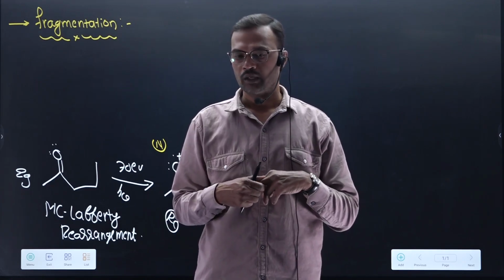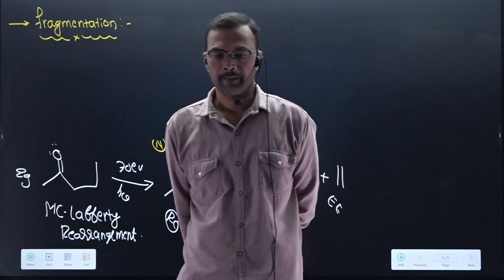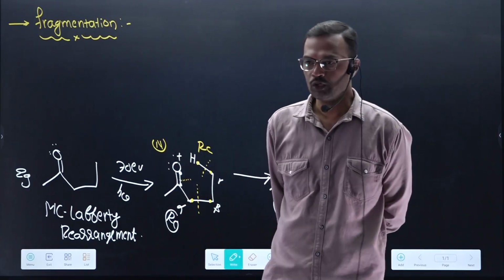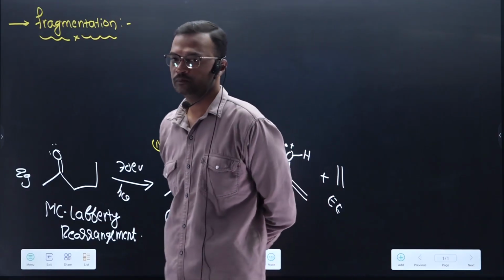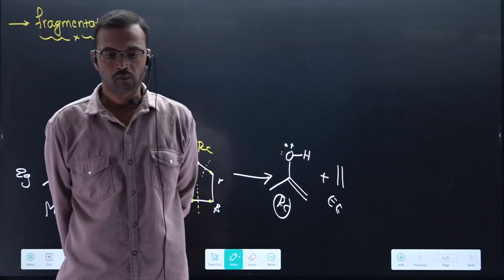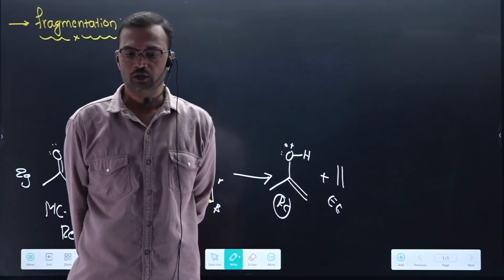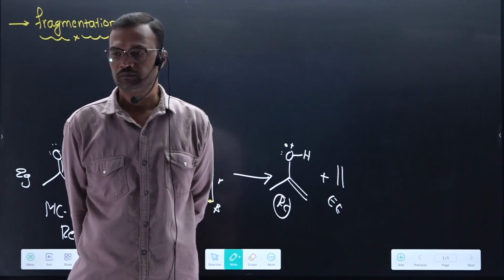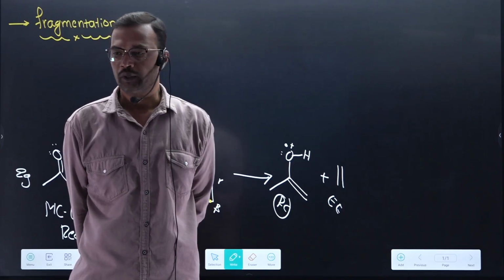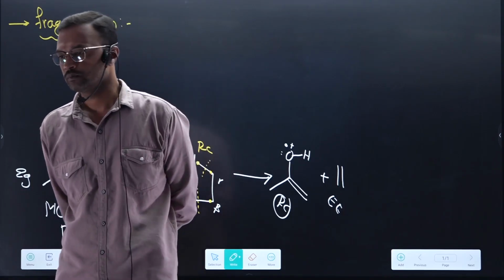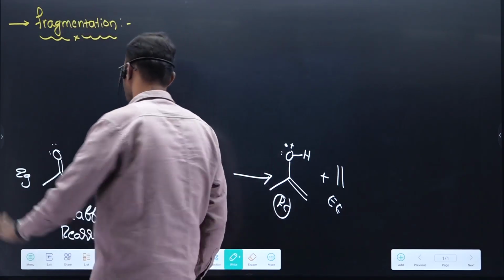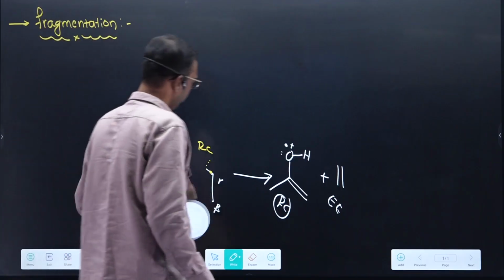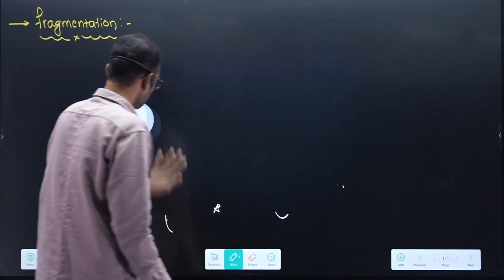Mass spectrometry usually identifies positive ions. Okay, next.